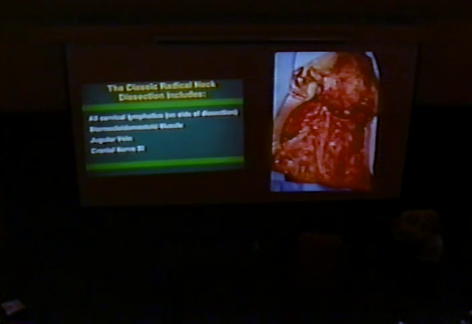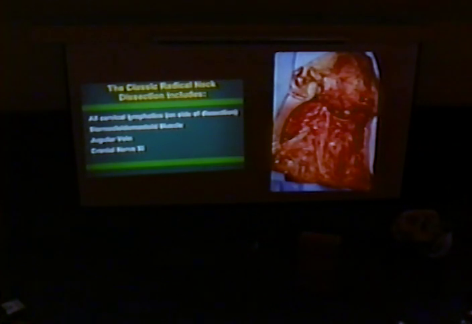Included also in a classic radical neck dissection, we take the sternocleidomastoid muscle, we take the jugular vein, and we take cranial nerve 11. And this is what you see in a classic radical neck dissection at the conclusion of the procedure. This is the right neck. Here's the lower border of the mandible.